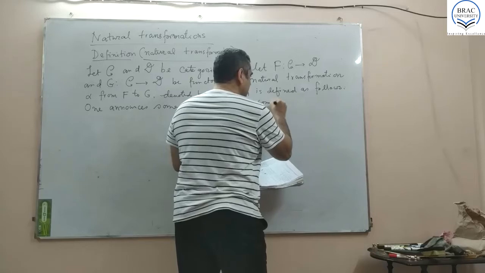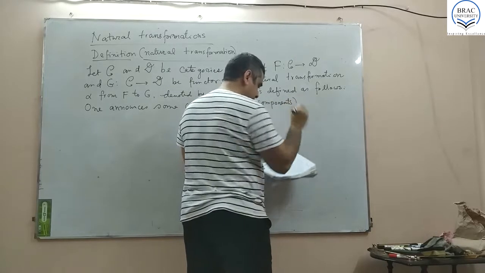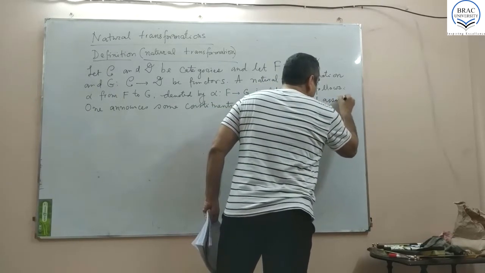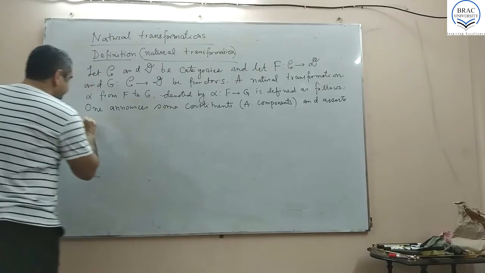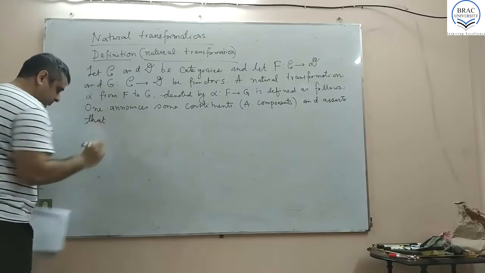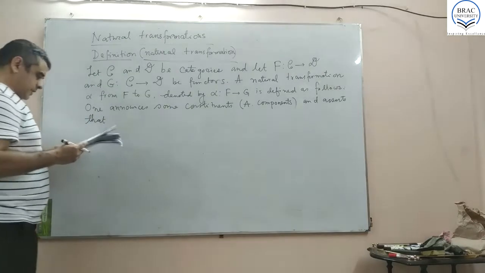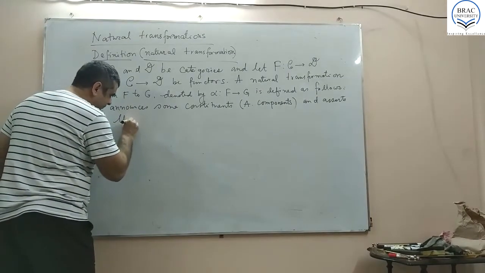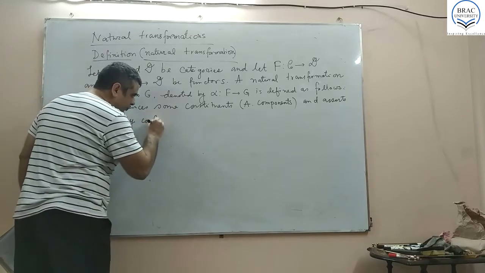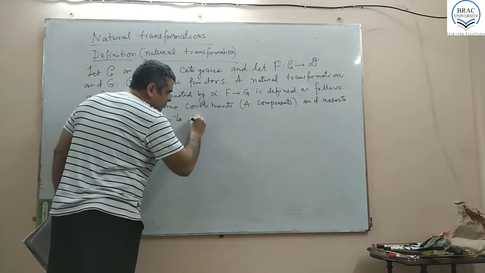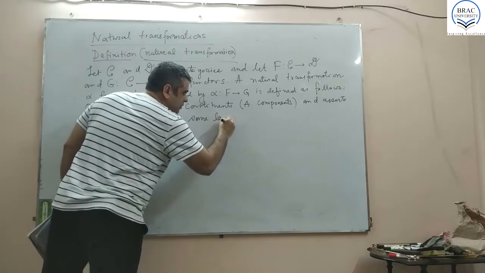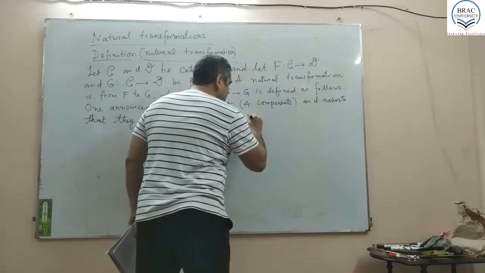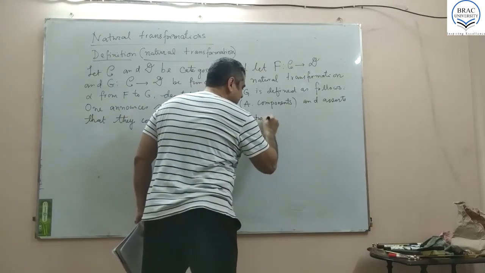So there is just one type of constituents here, which are just components, and asserts that they conform to some laws that we are going to call naturality squares.